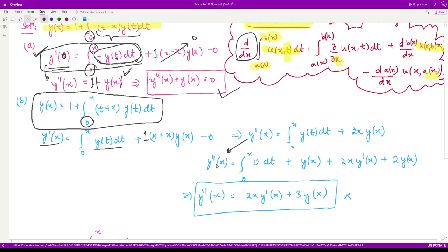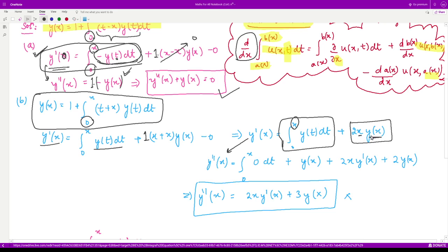We'll get y double dash x is equal to, now again we have to apply the Leibniz rule. So here the first term would be 0 because there is no term containing x. The second term would be only y of x, because the derivative of x with respect to x is 1, and the third term would be 0, and then its derivative with respect to x. Now we have two terms containing x, so we can apply the product rule over here.